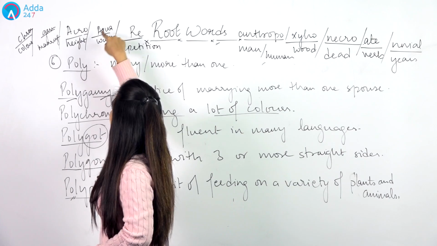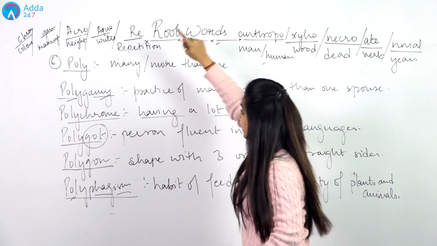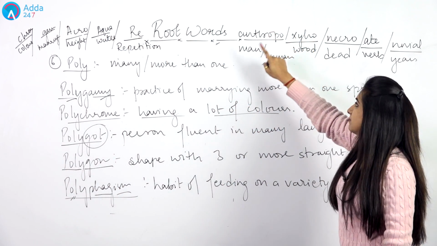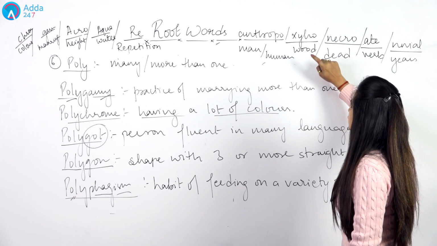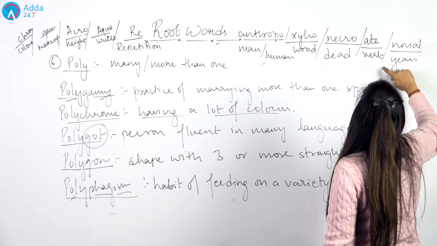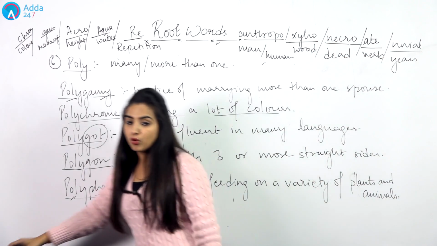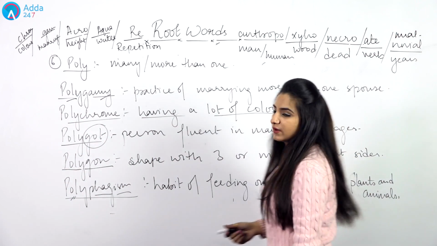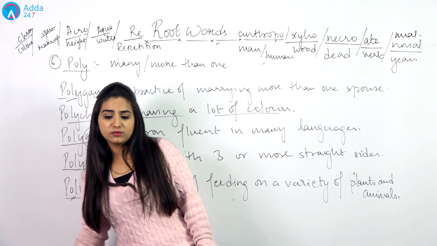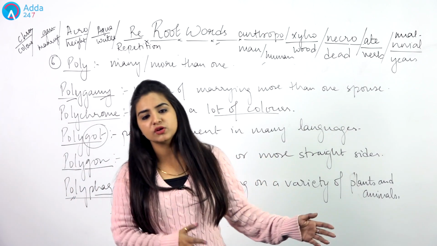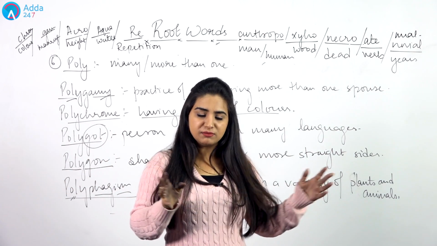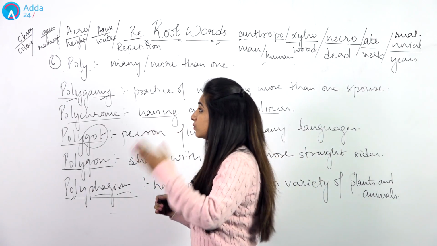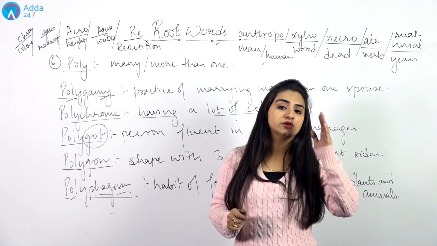Acro defines height, aqua defines water, re defines repetition, anthrope defines man or human, xyle defines wood, necro, dead, ate is a verb, neal or newel, both of them define years, right? So whenever you have, for example, we have annual as well, right? So once in a year, biannual, twice in a year. So whenever you have these root words, you'll be able to understand the meanings. So try and find out as many words as you can from each root word that you learned today.